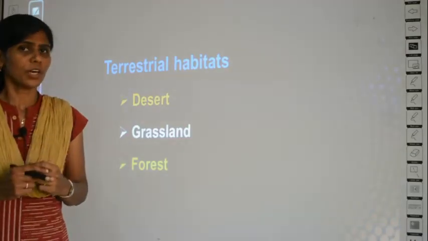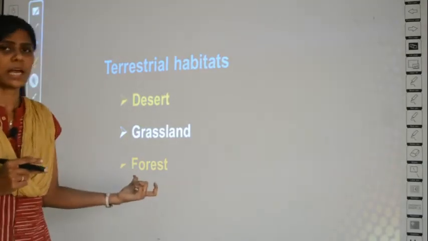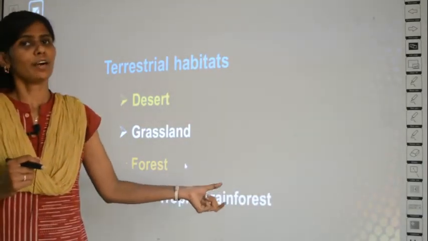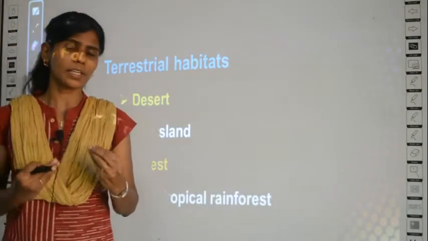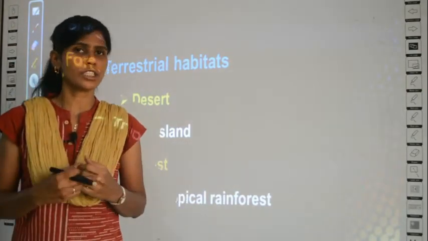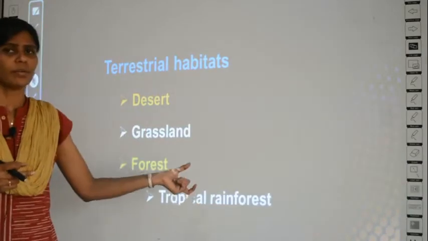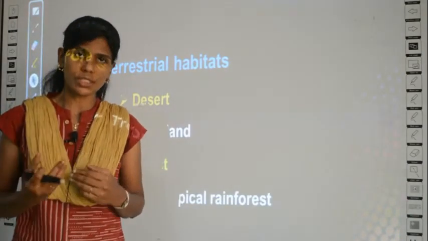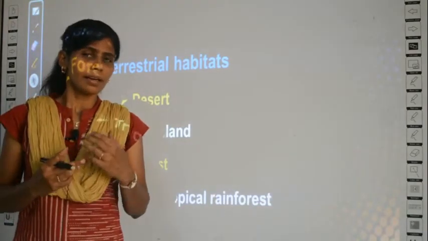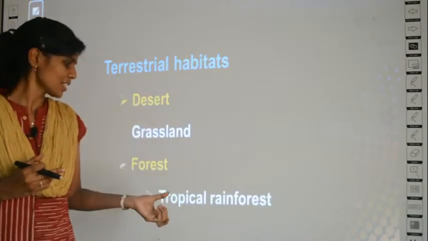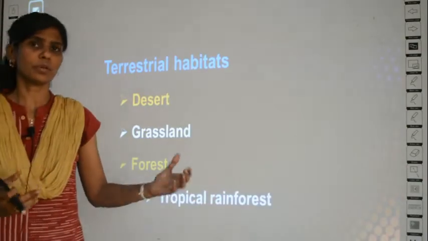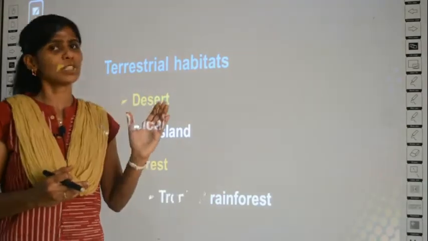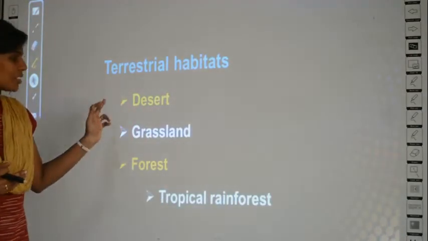In your book, only one type of forest habitat is given, that is tropical rain forest. So you are going to study only about the adaptations in a tropical rain forest. So before learning about the adaptations in tropical rain forest, you have to study about what is tropical rainforest, right? I don't know if you have studied in your geography classes, but anyway the explanation part is given in your biology textbook also.